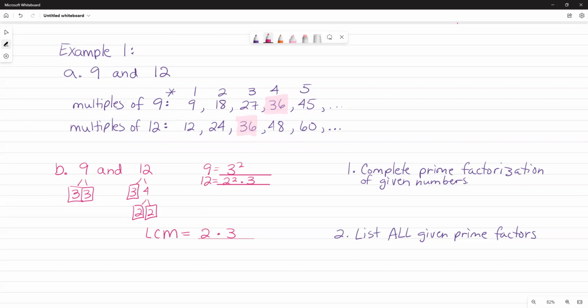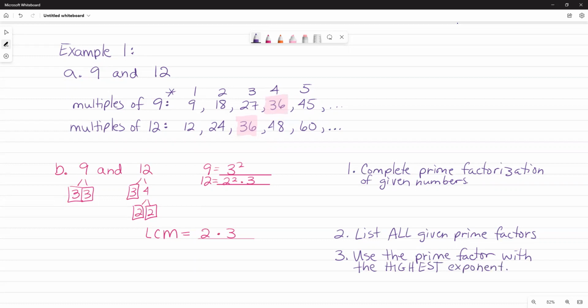All right. The third part of this is use the prime factor with the highest exponent.